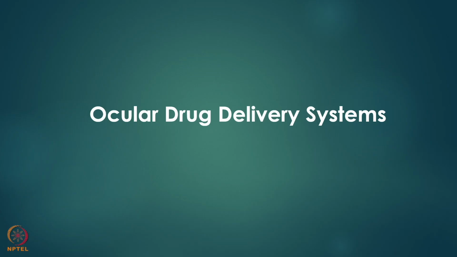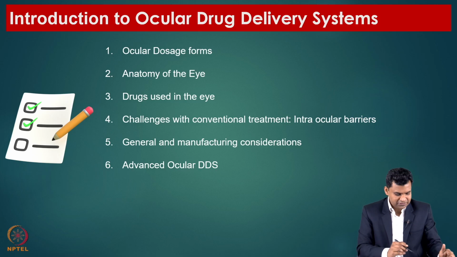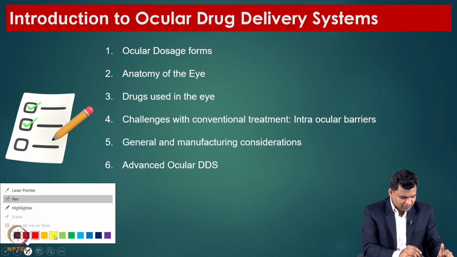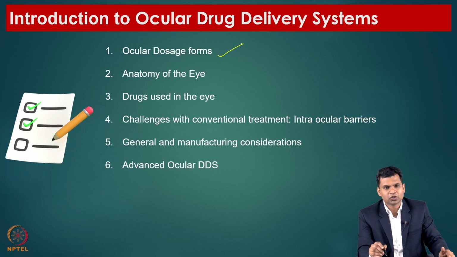So, this week we are going to learn a new topic, that is ocular drug delivery systems. Here I am going to discuss the conventional ocular dosage forms, and then we will see the limitations of such formulations.